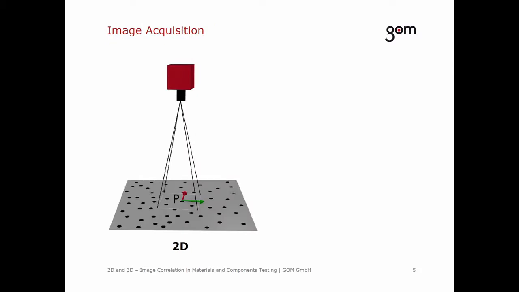So 2D measurements do have, of course, a few requirements. Due to the nature that a 2D measurement can only capture in-plane coordinates, there is no motion allowed between specimen and camera, so only in-plane tests can be evaluated with this, and only specimens which are really plane. The camera needs to be positioned perpendicular to the specimen, otherwise issues might occur like tilting and distance changes, but Julia will go through these limitations with you a little bit later on.